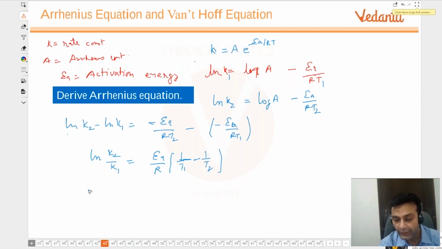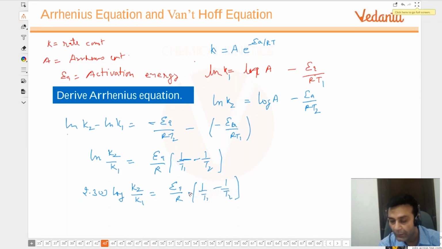Converting to log to the base 10, we can say 2.303 log to the base 10 of K2 upon K1 is equal to EA upon R times 1 upon T1 minus 1 upon T2. I hope you can solve this question. So from this we get the logarithm of K2 upon K1.